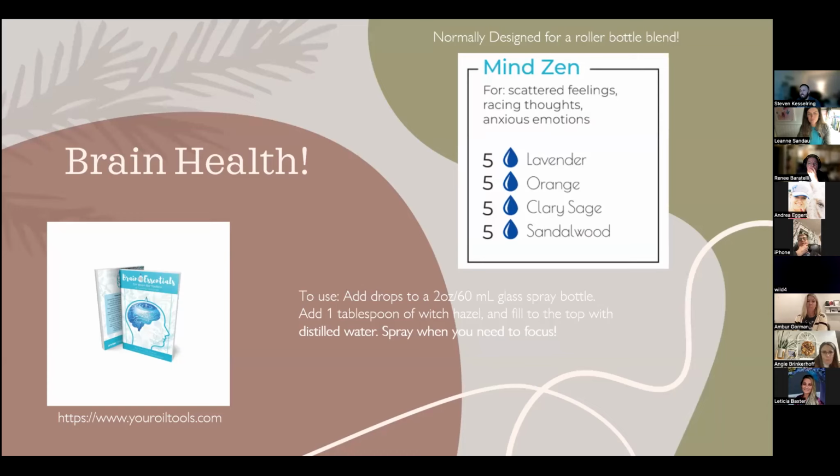But what I recommend is, if you're going to do it as a room spray, use the same one, because if your diffuser is doing a whole different recipe and then you do a room spray, you're going to have a weird scent. It's going to be fighting against each other. So if you're going to do something in your room and you run a diffuser, try to put some of the same oils in there so it doesn't fight. Because I'll tell you, when you mix some things that don't blend well together, you'll notice it.